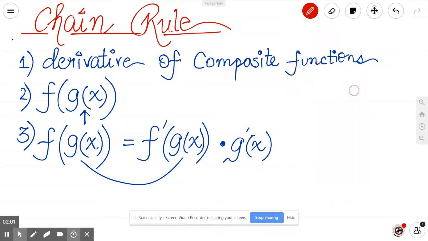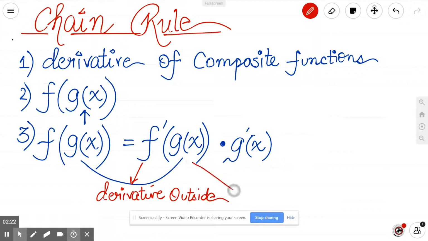So let us go ahead and label our formula. Basically, it's going to be your derivative of outside function is this. Outside. So this f prime is going to be the derivative of the outside, and then you have your original function g of x as it is. Inside function, you don't do its derivative, remember? So that's going to be your inside function.